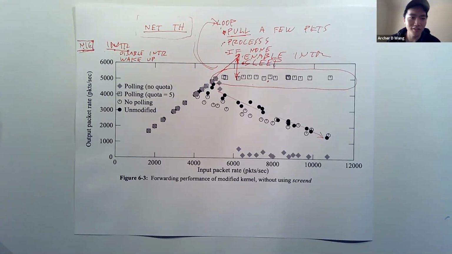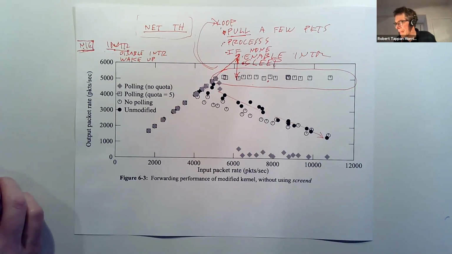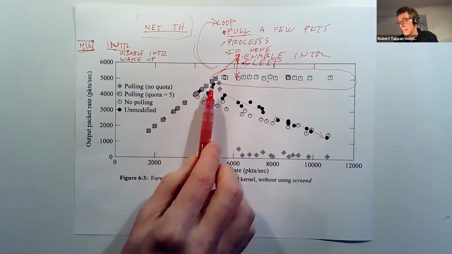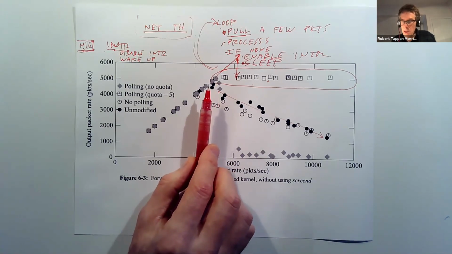I had a quick question. Will there ever be a scenario in which the CPU loop will pull a few packets, but the internal software queues are all full? Oh, sure. Yeah, there's some other bottleneck. For example, suppose some of these incoming packets need to be delivered to some application on a socket.